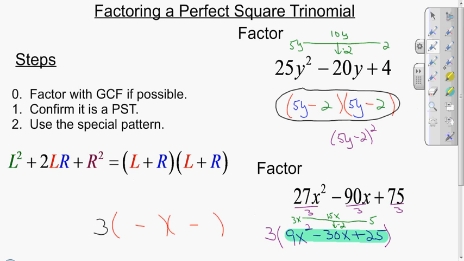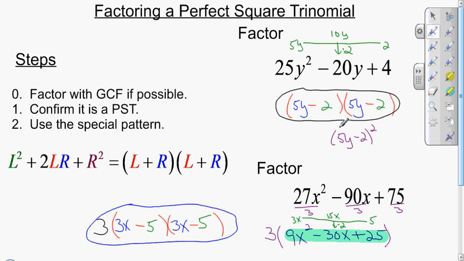Then I take the square root of 9x squared, which is 3x and 3x, and the square root of 25, which is 5 and 5. This is a completely legitimate answer, and if I multiplied it all out, I would get the original problem. You probably suspected also that I could write 3 times the quantity 3x minus 5, all squared.